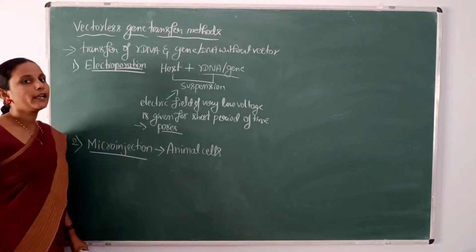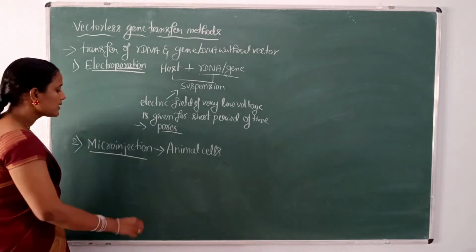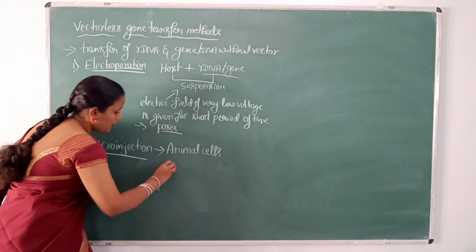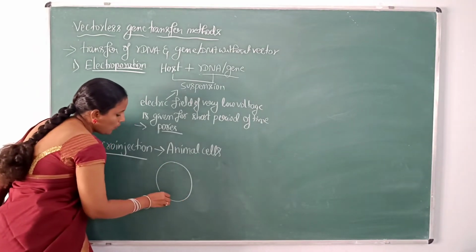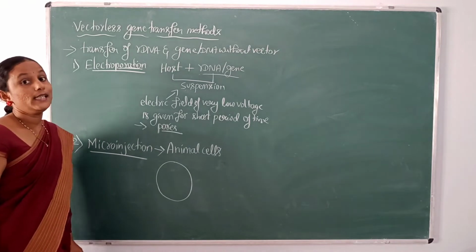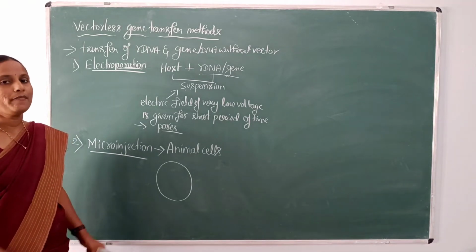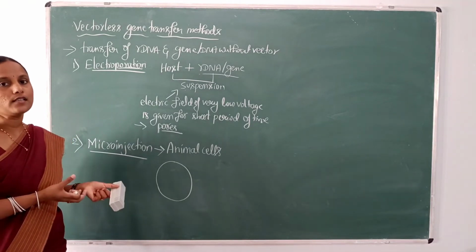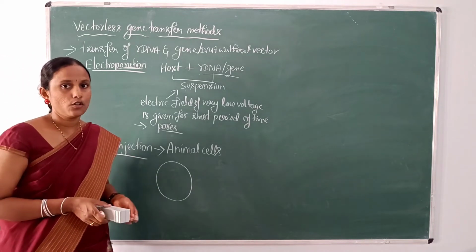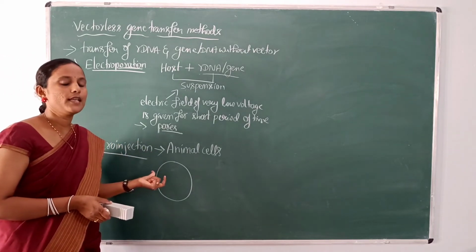Okay, so here in microinjection, what they will do is they will take a host cell, preferably the ovum. The ovum will be isolated for conducting this, or any other animal cells can also be used. Popularly used, I am telling now.